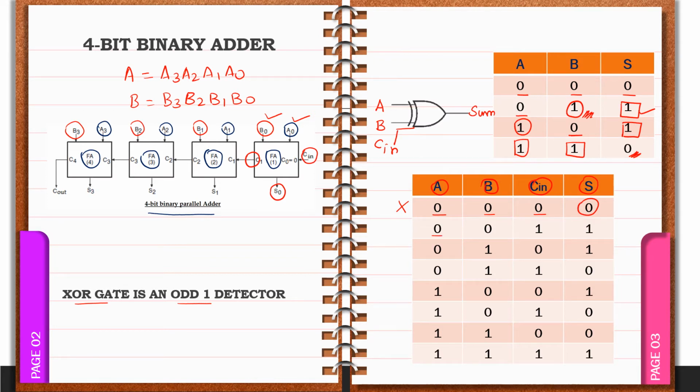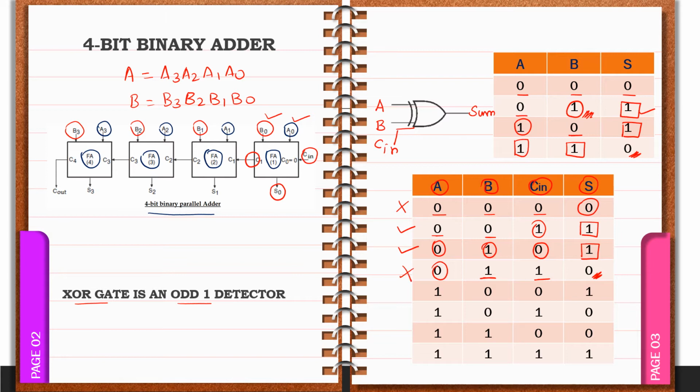When A is 0, B is 0 and C is 1, we get the output as 1, as it comes under the odd ones detector. When A is 0, B is 1 and C is 0, we get the output as 1. Next, A is 0, B is 1 and C is 1, and the output is 0, because there are two, an even number of ones, so it is not applicable.